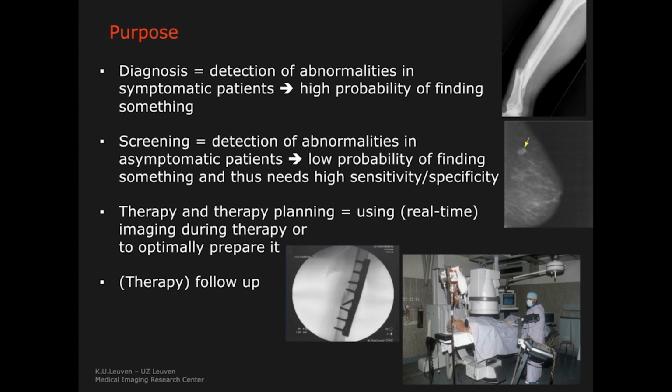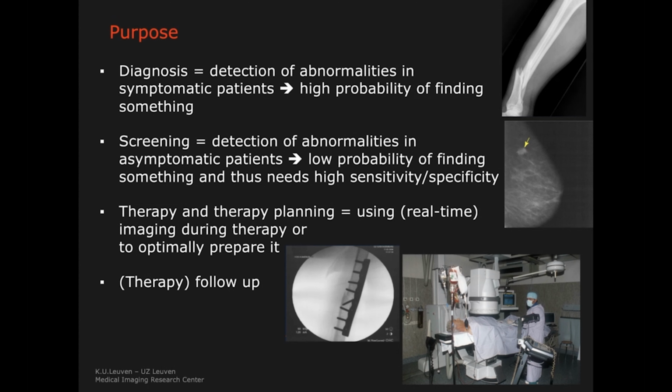So here you have to detect disease in patients which are asymptomatic and which are unlikely to have disease. Here, what you need is a technique which can very sensitively detect if something is wrong. While in the other one, you need to find what is wrong, and you really have to look for it.